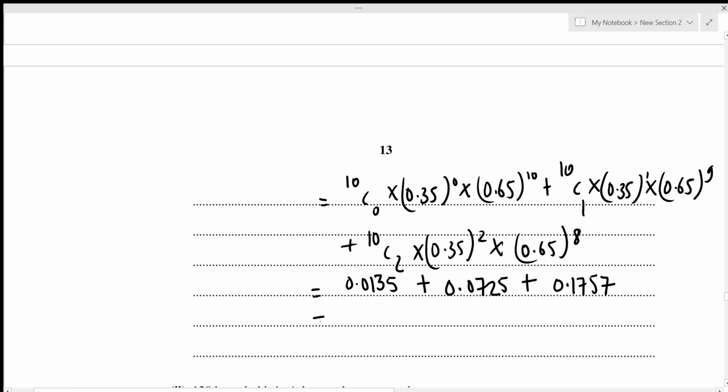So this gives us the total probability of 0.2617. If we round it off to 3 decimal places, that's going to be 0.262.